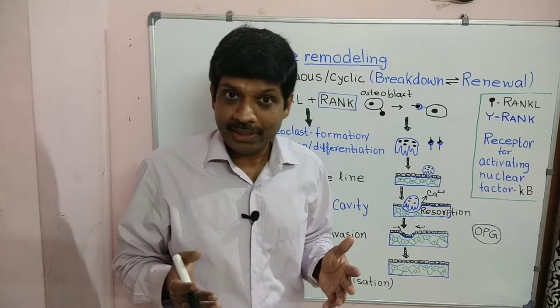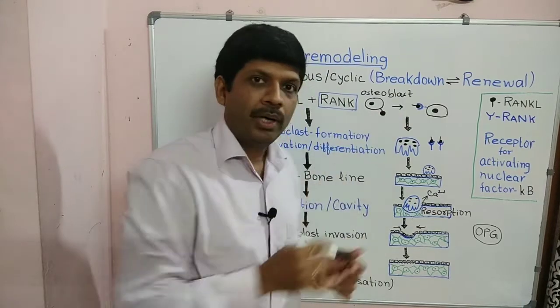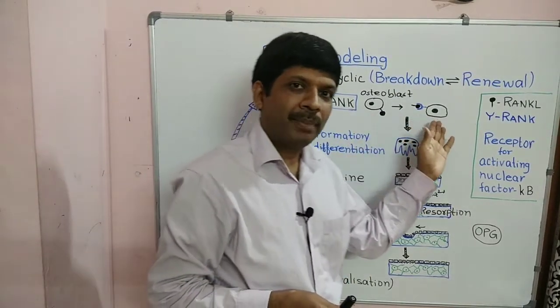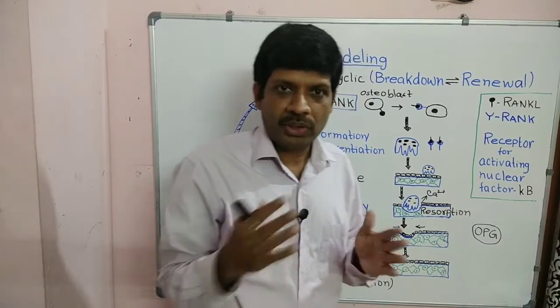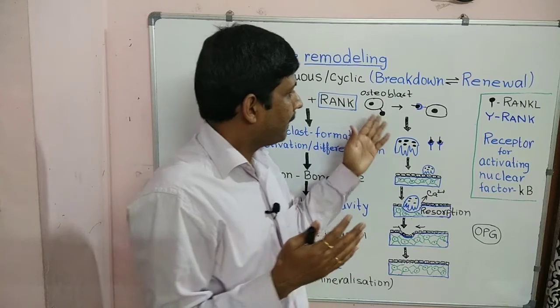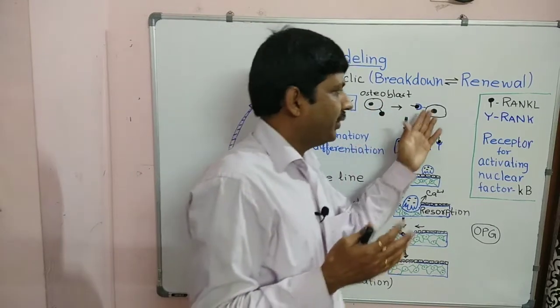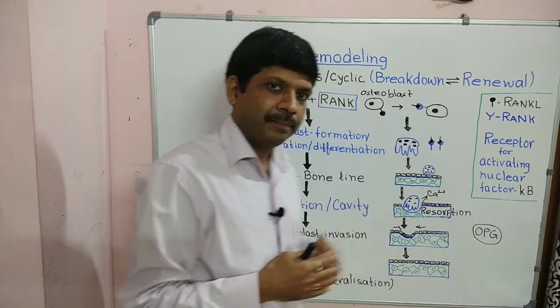And where is it present? The ligand is present on the osteoblast, and the receptors are present on the osteoclast precursor. So there is formation of a complex. The RANK ligand goes and binds with the receptor present on the osteoclast precursor.